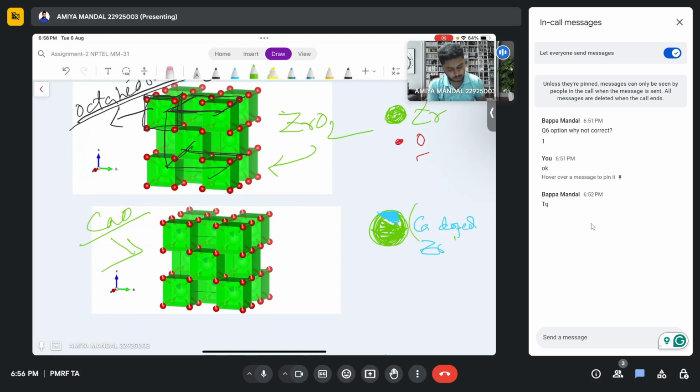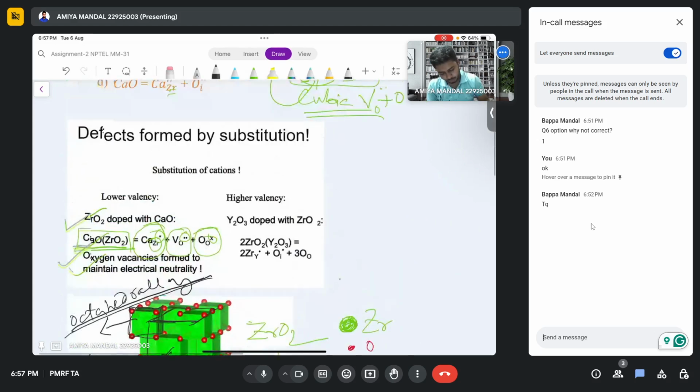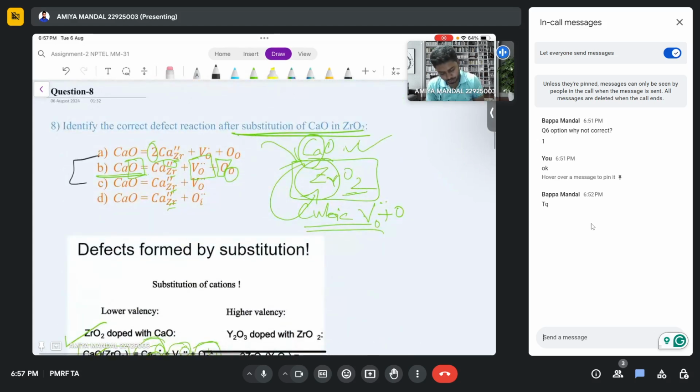Oxygens are octahedrally arranged in each unit cell, in corner sharing unit cells and at the face centers also. All these are calcium on zirconium, and we can see how the vacancies are created, one oxygen vacancy at the oxygen position along with calcium.